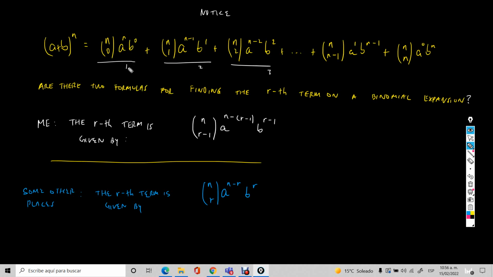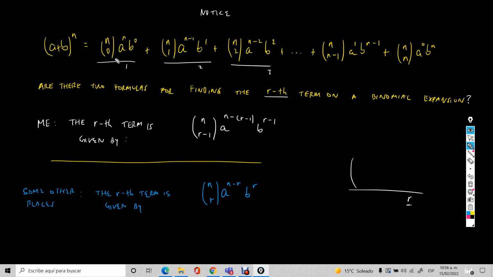For the first term, you got 0 here, 0 here, and n here. For the second term, you got 1, 1, and n minus 1. For the third, you got 2, 2, and n minus 2. You see? So if you want to find the term of index r, the rth term, all you have to do is understand the pattern.